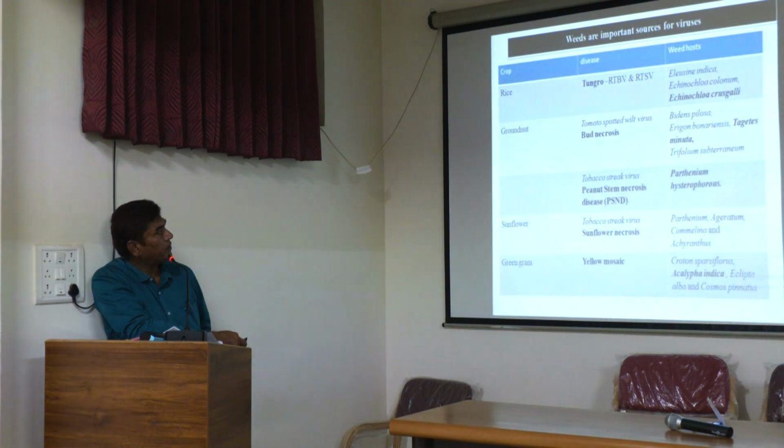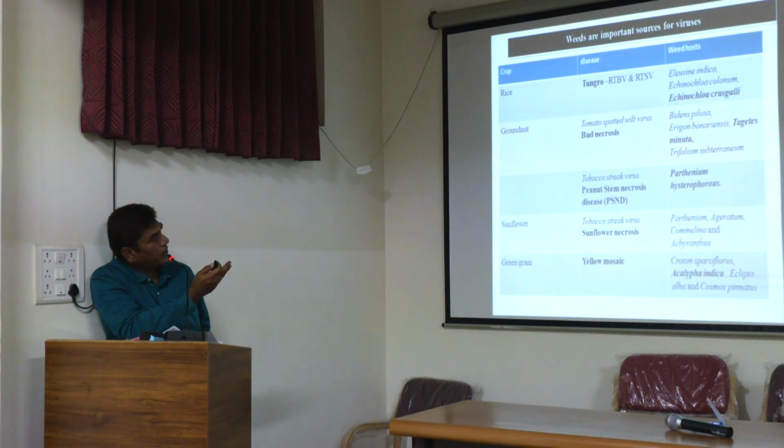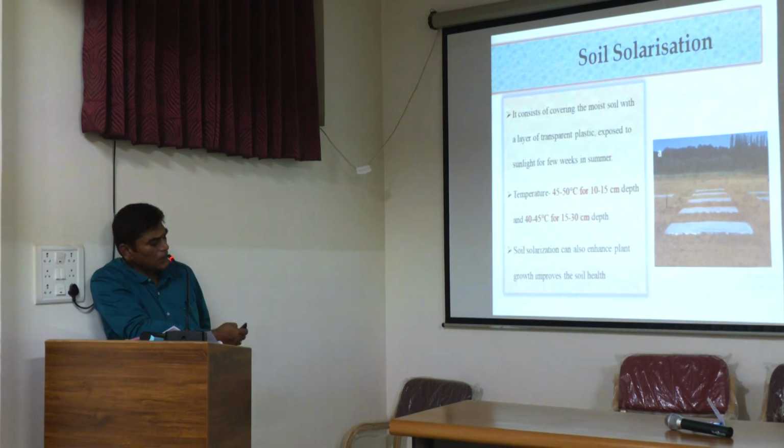Weeds are important sources of infection, as in case of rice tungro, Echinochloa crus-galli, and bud necrosis in case of groundnut, that is Tagetes species, sunflower. As you know, Parthenium also acts as a reservoir for virus, and for green gram yellow mosaic, Acalypha indica is the weed that acts as a reservoir for this virus.